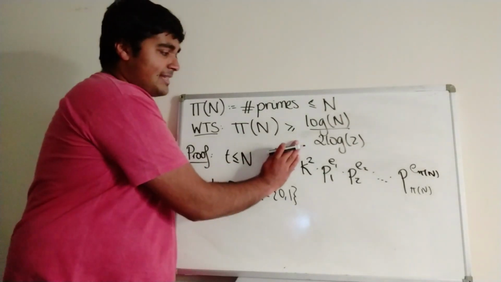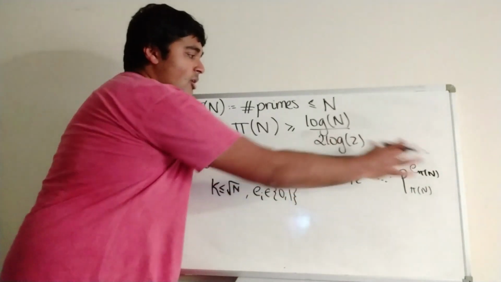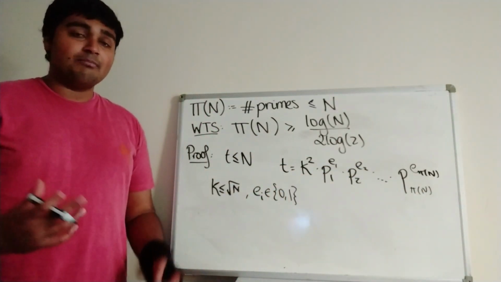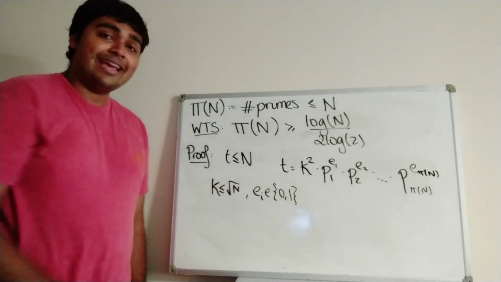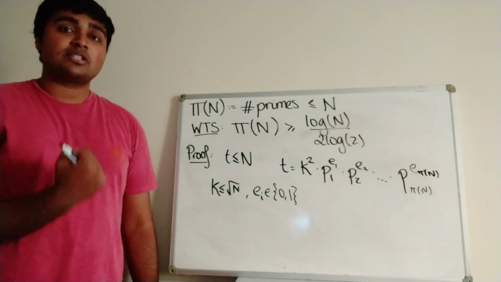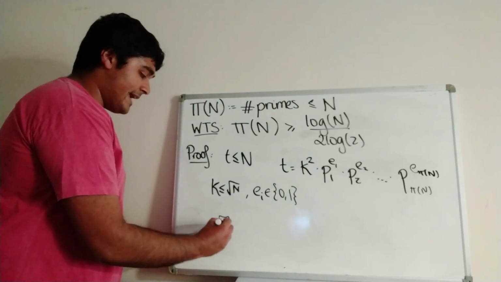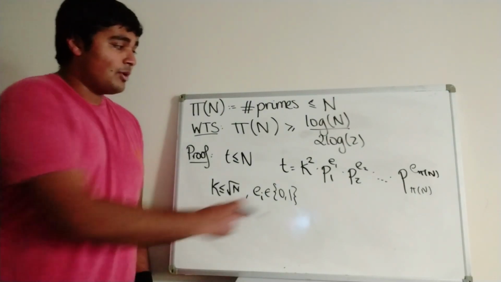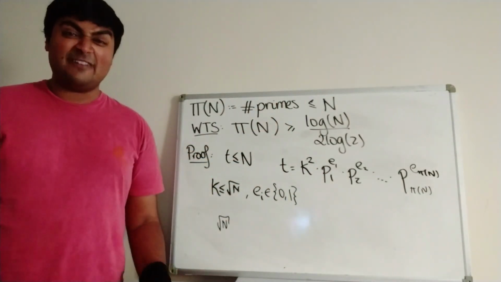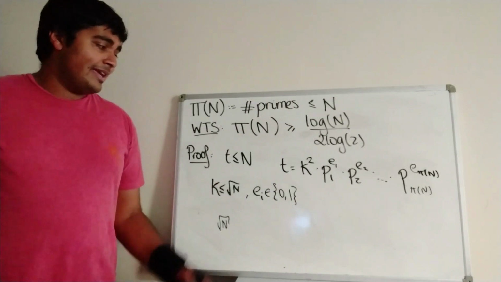But now let's just forget the t for a moment and just consider numbers of this form here that satisfy these two conditions here. How many such numbers are there? Well, for k, how many choices do we have? Well, by this condition here, we only have square root of n choices for k. And well, how about for this e1? Remember the p1, p2 and so on all the way up to p pi of n, they're fixed, but the ei's, well, they're either 0 or 1.